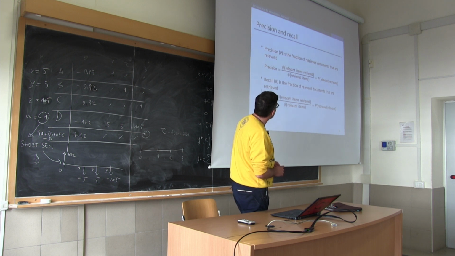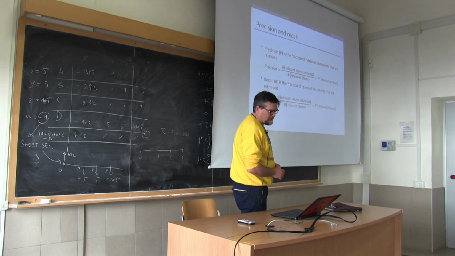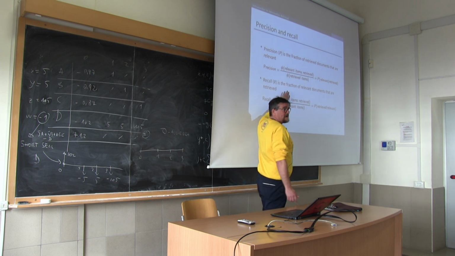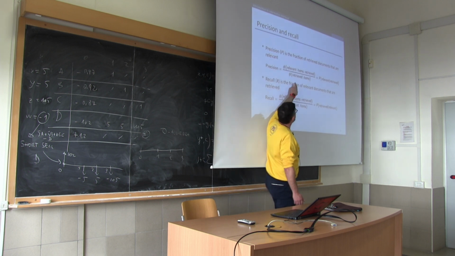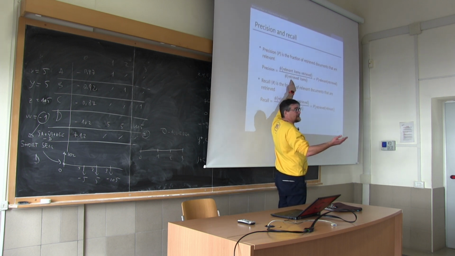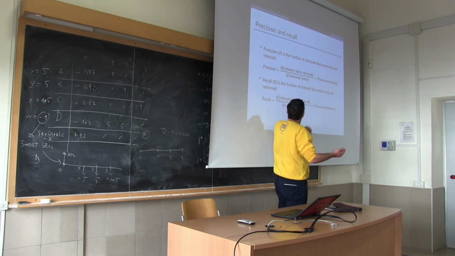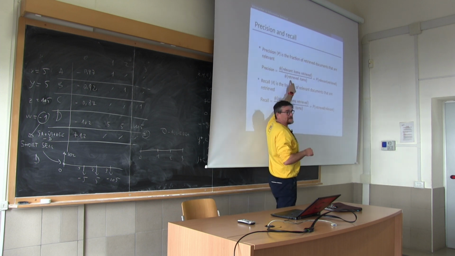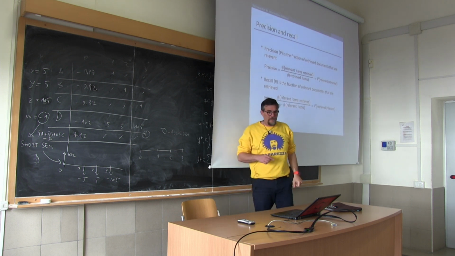And the recall is the fraction of the relevant documents that are retrieved. Notice that the denominator here is different. This is important. Here we have the retrieved items, namely the answer to our query. Here we have the relevant items, which are not necessarily provided by the system in answer to our query.